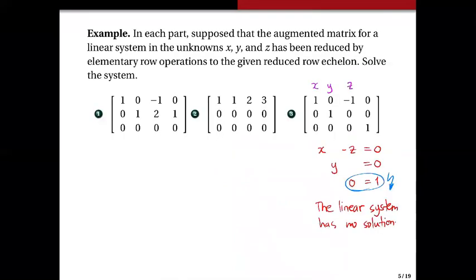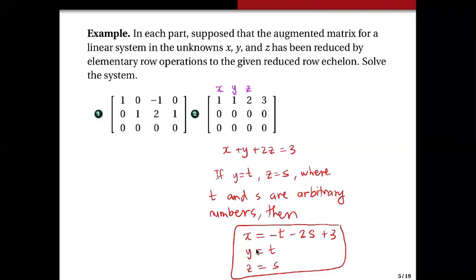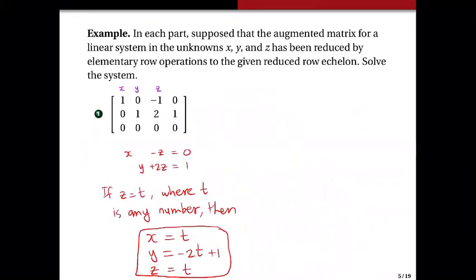Okay, so I already mentioned earlier that this is the general solution of the linear system that this reduced row echelon form of the augmented matrix represents. Similarly, this one here is a general solution.